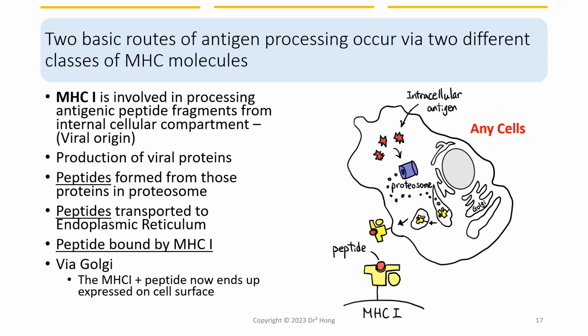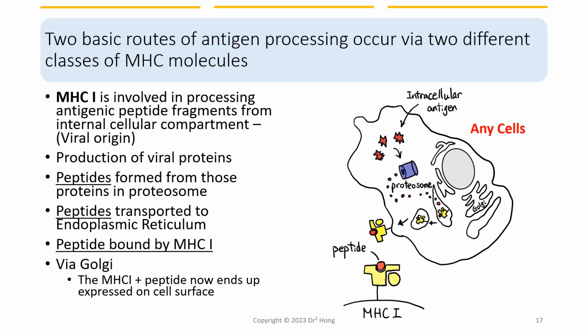This process is through the MHC class 1 molecule. The figure here illustrates intracellular antigens, which could be the production of viral proteins during the viral replication process. These proteins are broken down by our internal mechanisms called proteasomes. The proteasomes chop up these viral proteins, a little bit, not all of them, and some of those peptide pieces are transported to the endoplasmic reticulum.